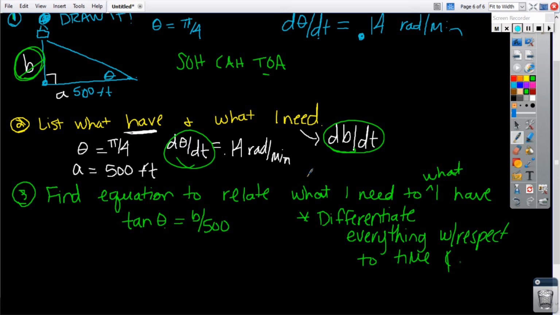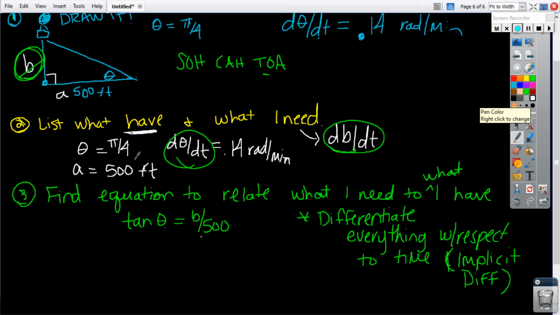Remember when we did implicit differentiation before and we just had y, every time we'd take the derivative of y, we'd have to follow it with dy dx. It's the same thought process here.